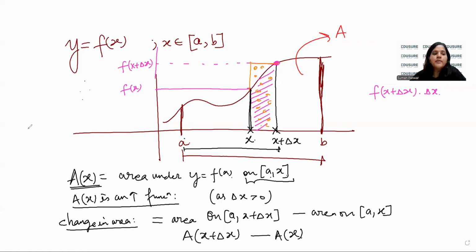Now suppose you consider a rectangle whose height is f(x) and whose width is delta x. Its area is length into breadth, so f(x) times delta x. In that case, the rectangle is going to have this area.